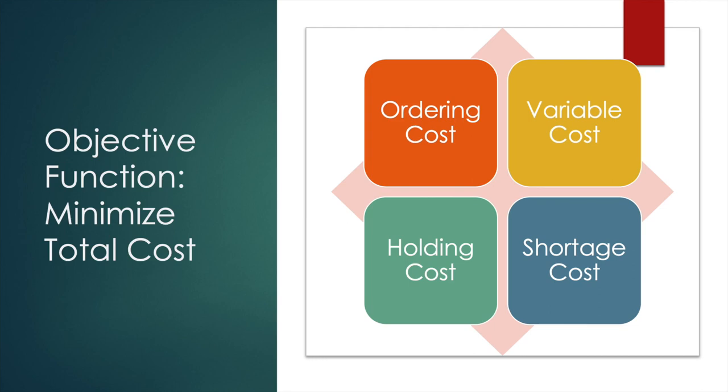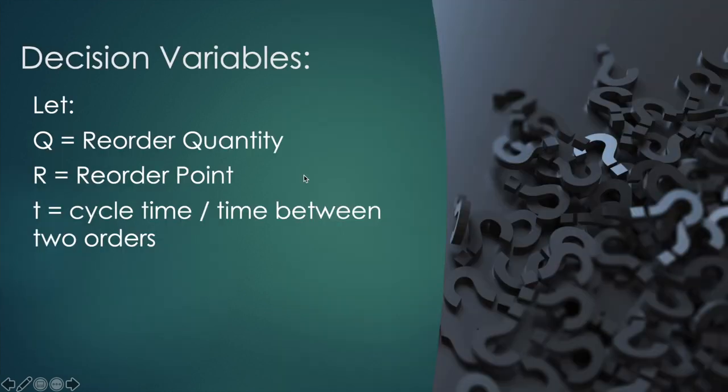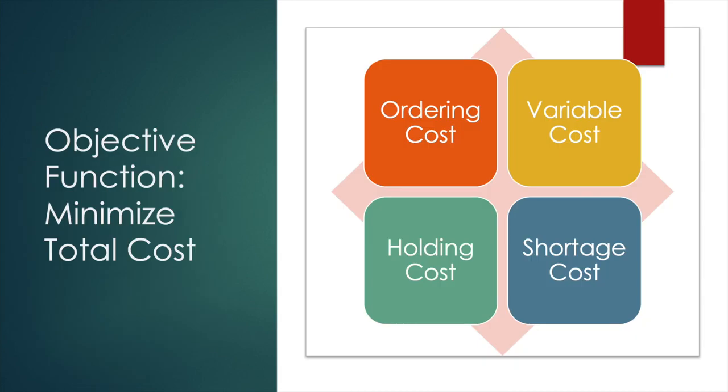Secondly, even if there was a revenue or a profit parameter given, the problem actually revolves around trying to look for the optimal reorder quantity and the reorder point, such that your ordering cost is low, your variable cost is low, your holding cost is low, your shortage cost is low.